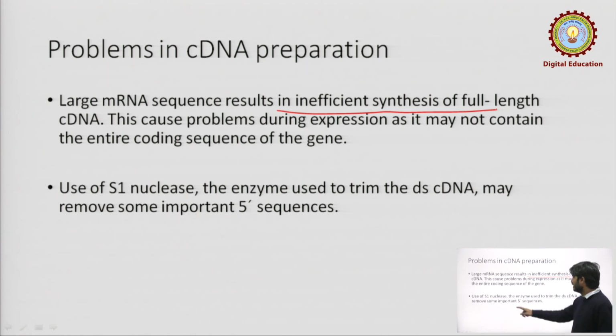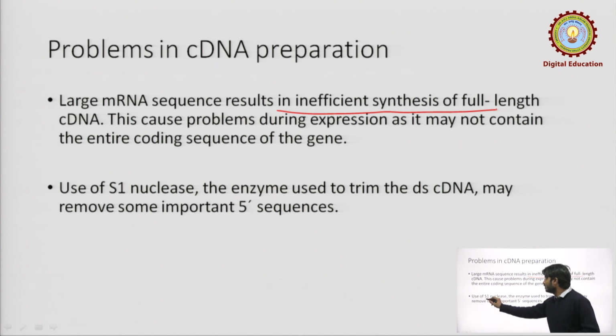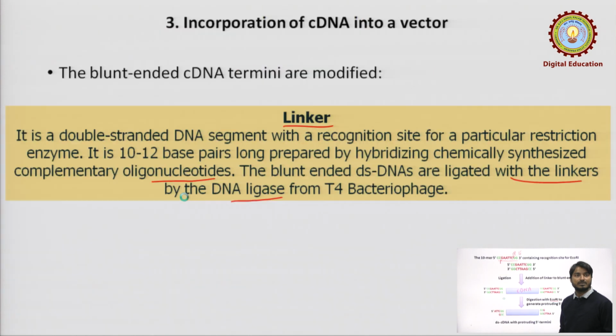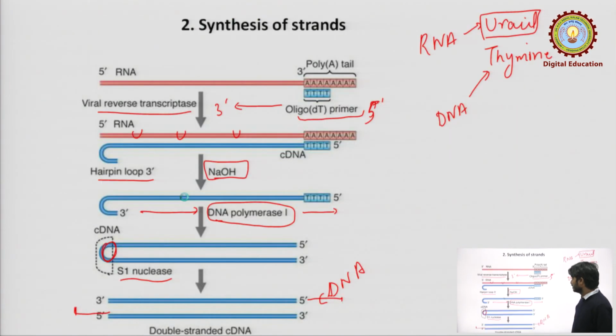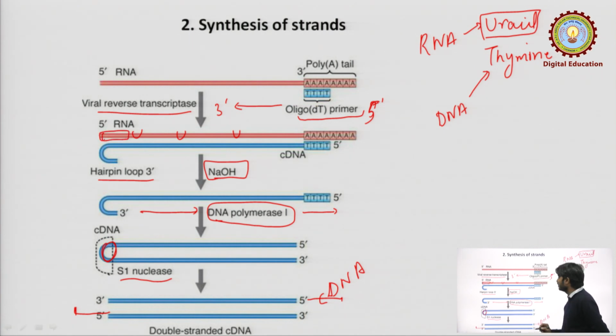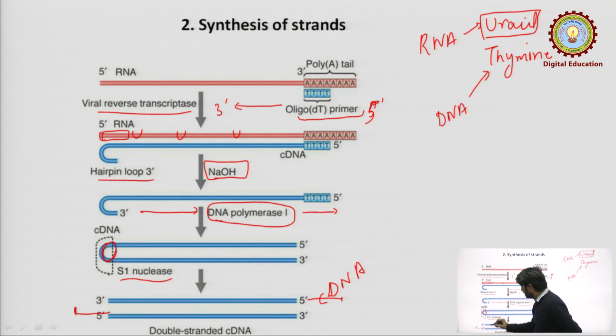Second is the use of S1 nuclease. To understand this, we will go back. What this S1 nuclease will do, we can see here that this part is the part of RNA, and when we apply the S1 nuclease, it will cut some base pairs from this side.